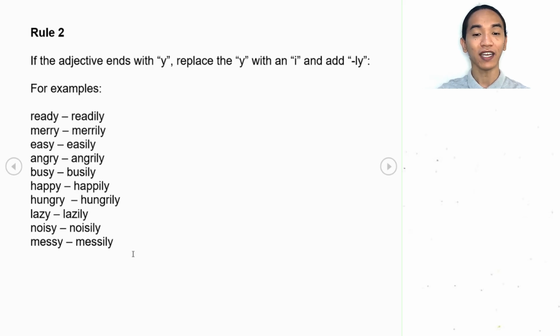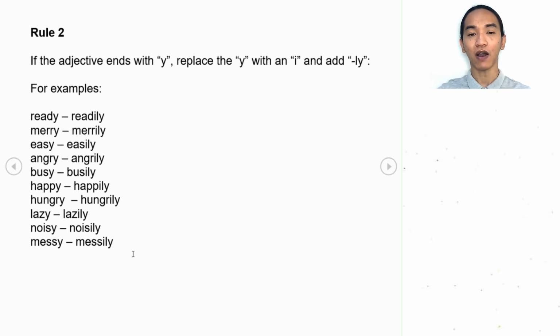So change y to i and then add ly. So for example, ready becomes readily. Okay, pay attention to the spelling. Y there becomes i. Okay, and then you add ly. Next, merry, merrily; easy, easily; angry, angrily; busy, busily, and the other examples here.